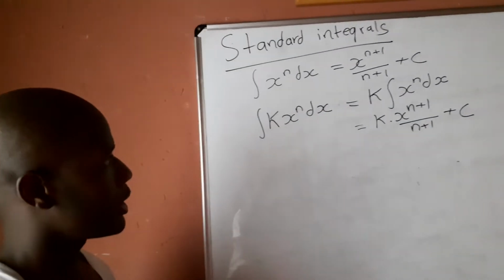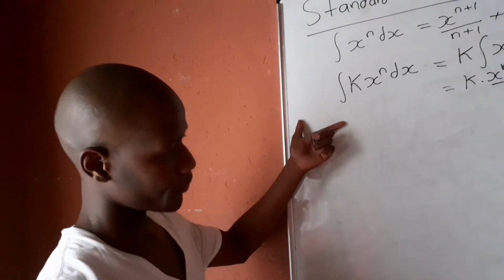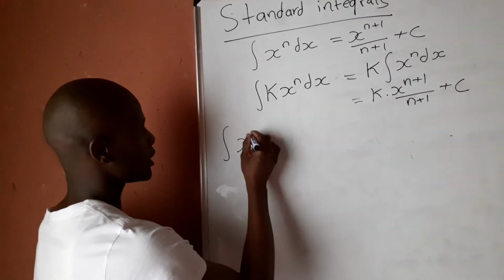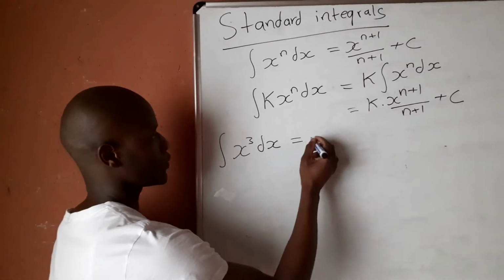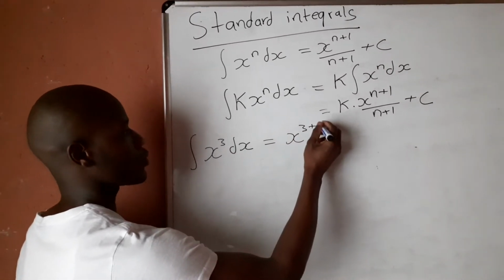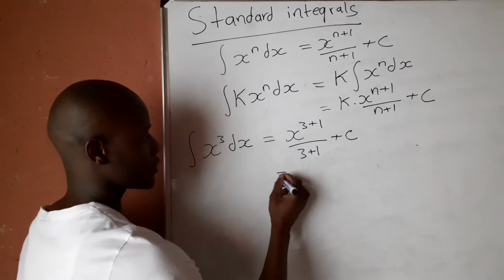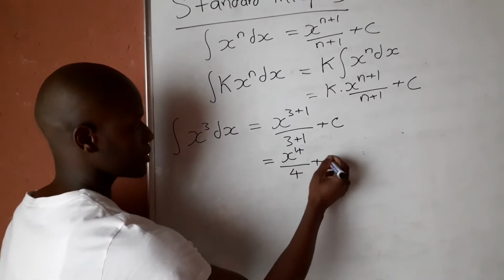Now I'm going to solve some integration problems using these formulas. They can say integrate x to the power 3 dx. That equals x to the power 3 plus 1 over 3 plus 1 plus c, which is x to the power 4 over 4 plus c.